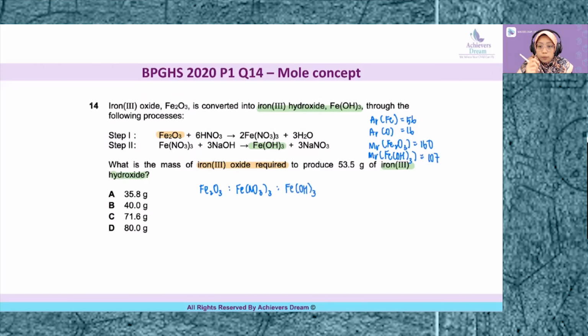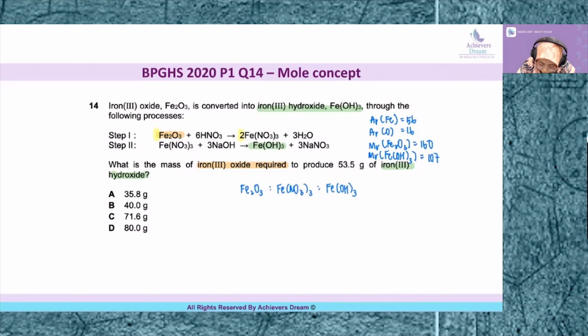So we are going to compare the stoichiometry coefficient. What is the stoichiometry coefficient? It is the number in front of the compound in your balanced chemical equation. We are just going to compare what we call the mole ratio.